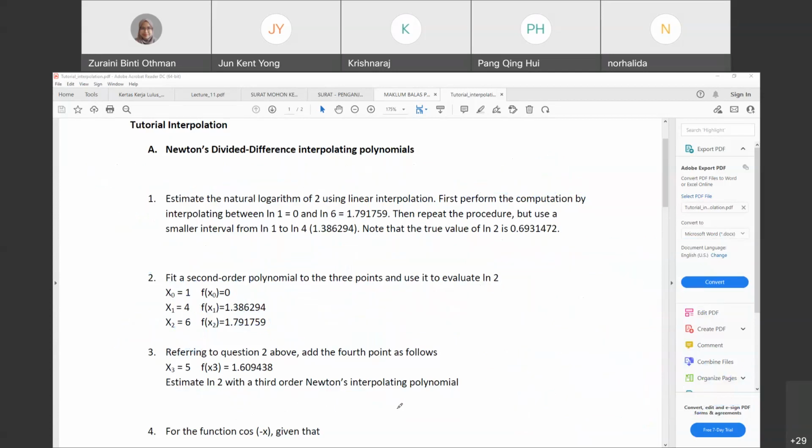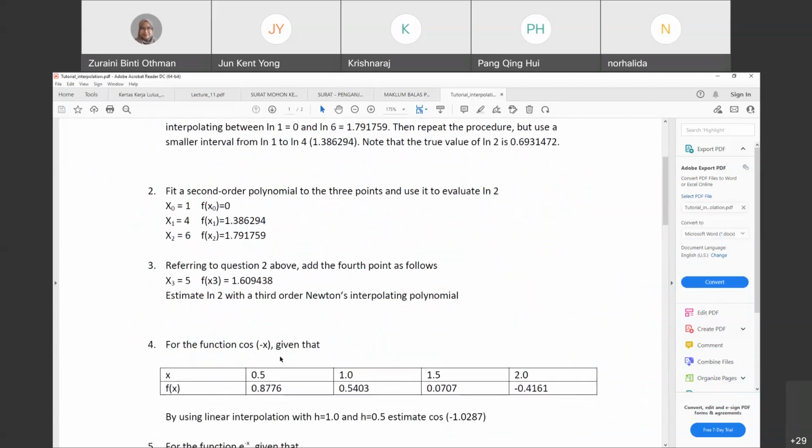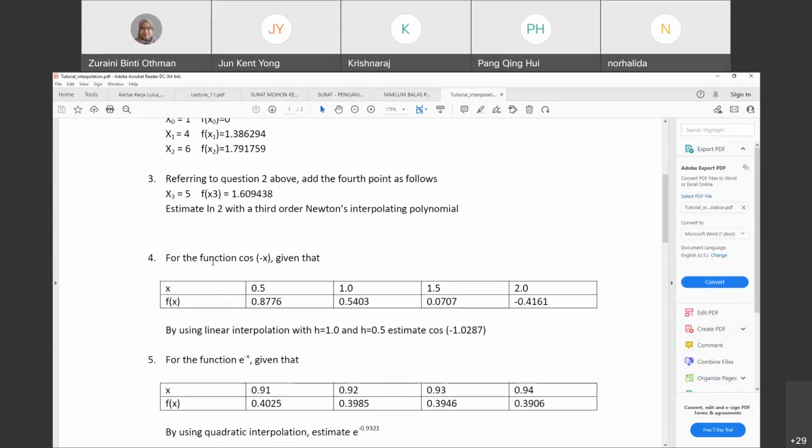Okay. Then here for question 4. Okay, kita tengok type of question ya sekarang. Jadi soalan. Okey, soalan 3 tadi.